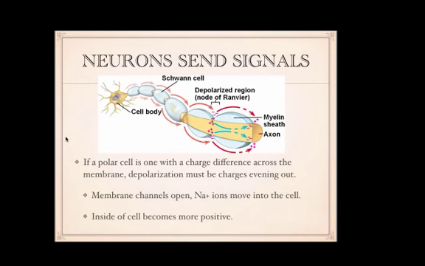What actually happens is that sodium ion channels open up, and that allows sodium ions to move into the cell. Remember that the inside of the cell was negative, and we can see here sodium ions are positive. So if we're having positive ions flowing into our negative space, it's going to kind of neutralize the inside of the cell. The inside of the cell becomes more positive.